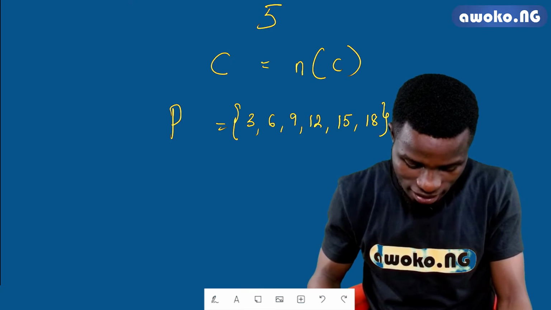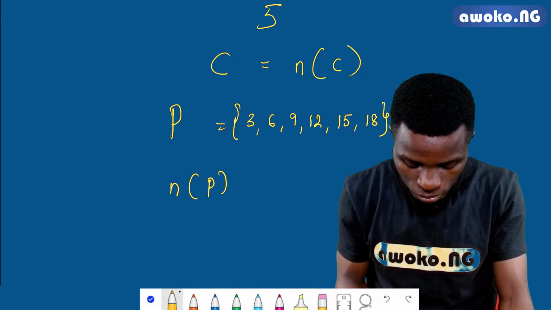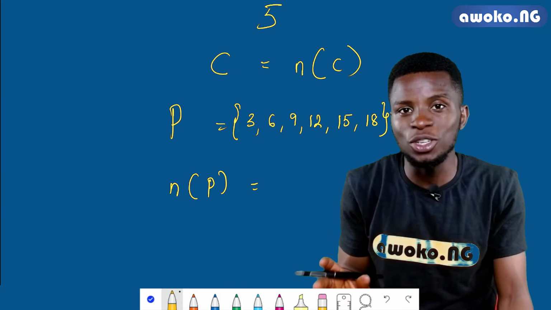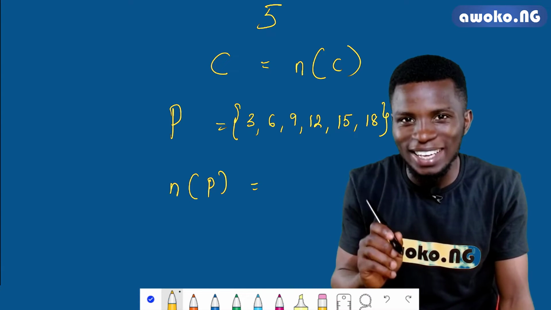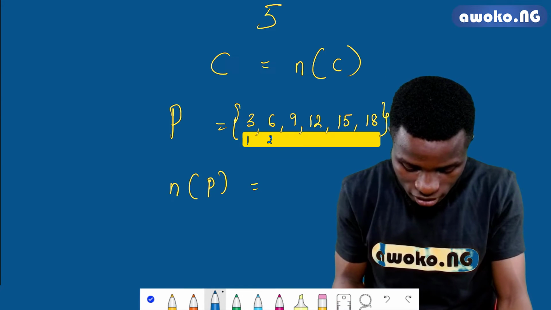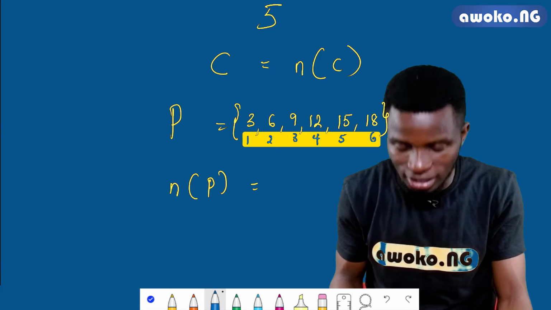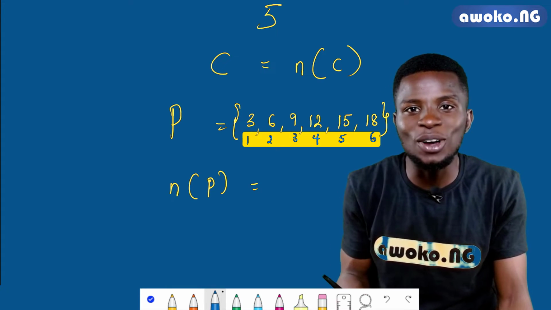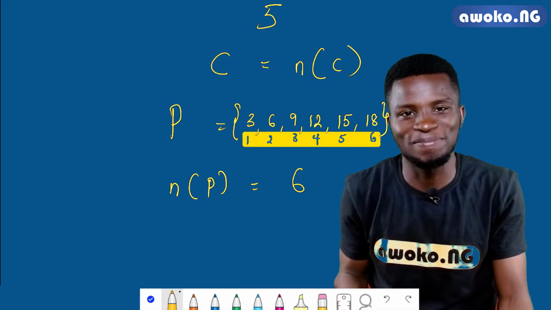Like I said earlier, the cardinality is seen as n of P is equal to, all you just need to do is to count the number of elements in the particular set. So by counting, we have 1, 2, 3, 4, 5, and 6. So the cardinality of the set is 6.